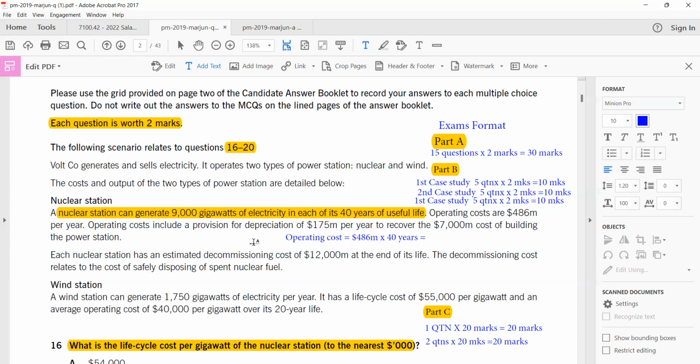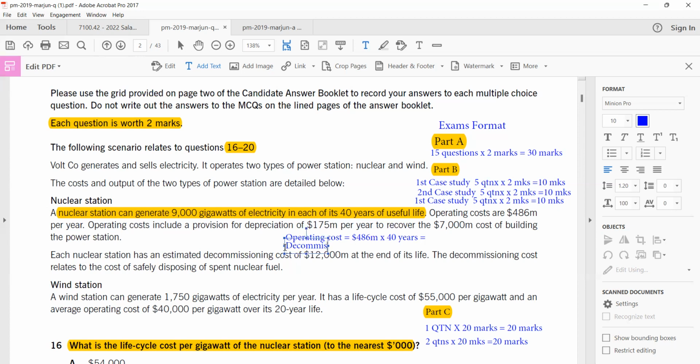Then the next bit says that operating costs include a provision for depreciation of 165 million per year to recover the $7,000 million cost of building the power station. We do the analysis. Each nuclear station has an estimated decommissioning cost. So this decommissioning cost is a cost of dismantling or removing what?